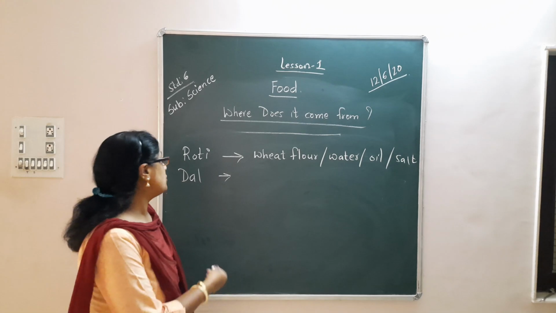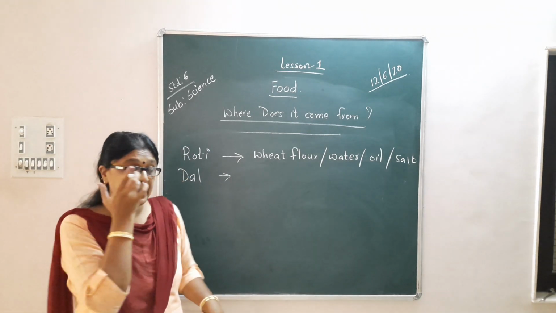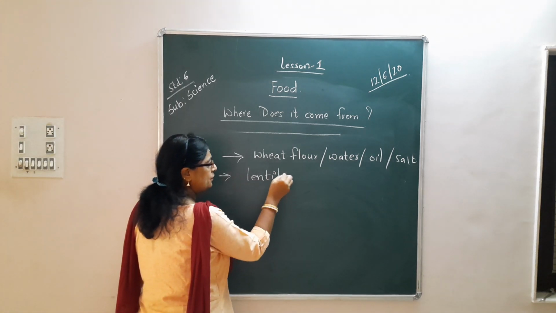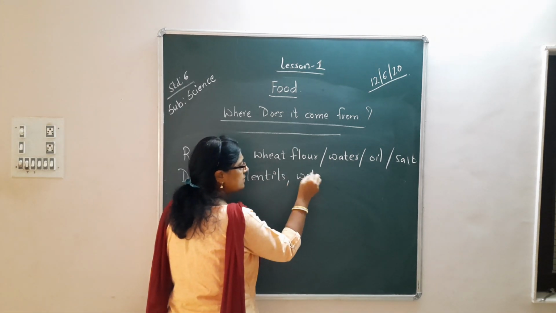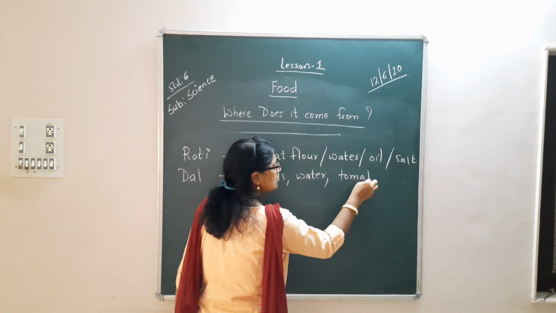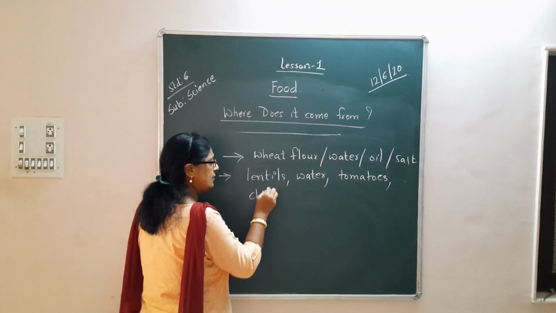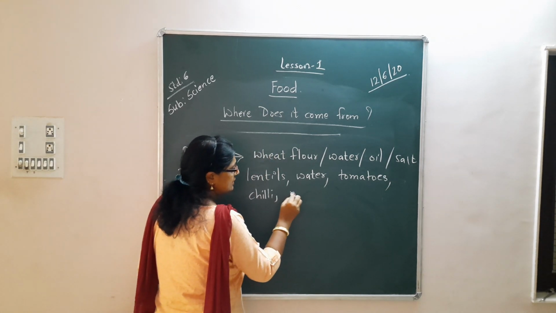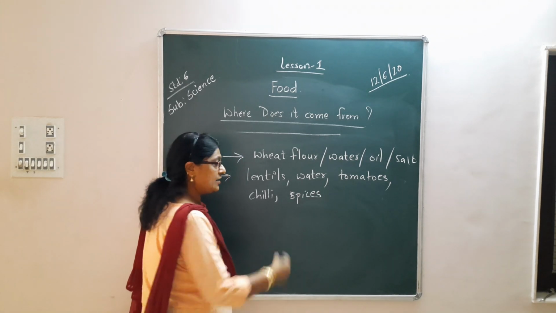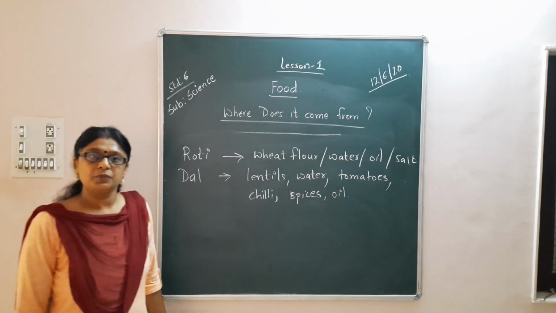Suppose I want to make tuer dal. You don't know what is tuer? Lentils. Okay, so I will need lentils, water, tomatoes. Then I'll need chili, all the spices, and oil.